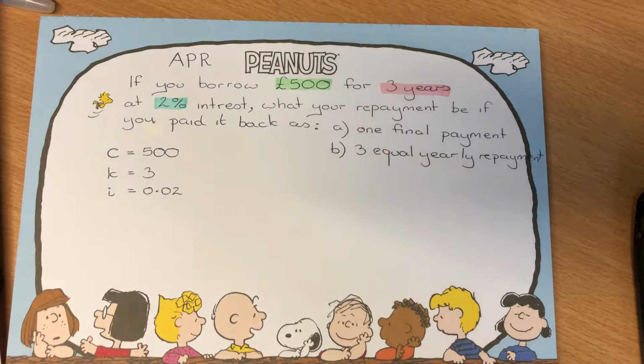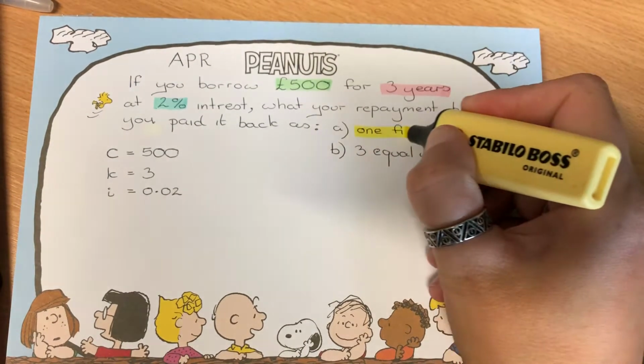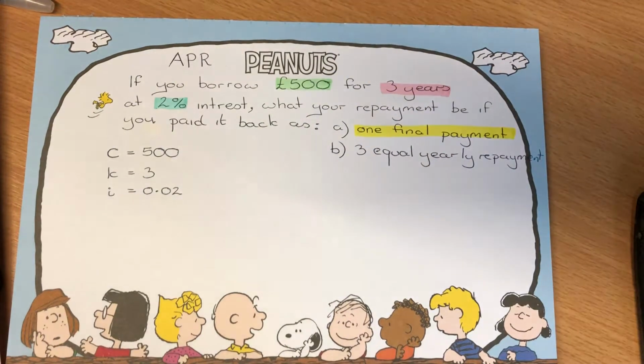So if we then deal with our two options, first off, we're looking at one final payment.